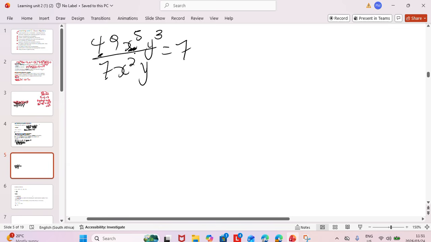You have 5 x's, you take away 2, you'll be left with x to the power of 3. You go to y, how many y's do we have? 3. You take away 1. From the denominator, you'll have y to the power of 2. Alright, so that's how you simplify.